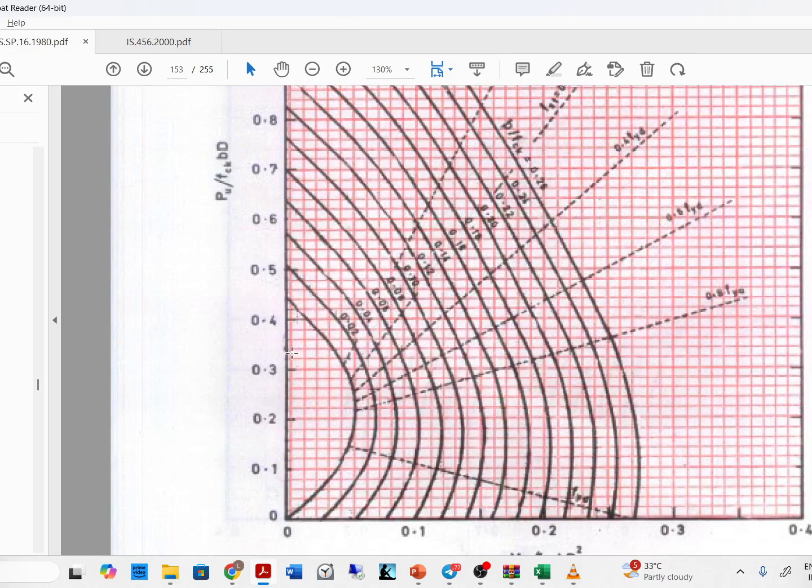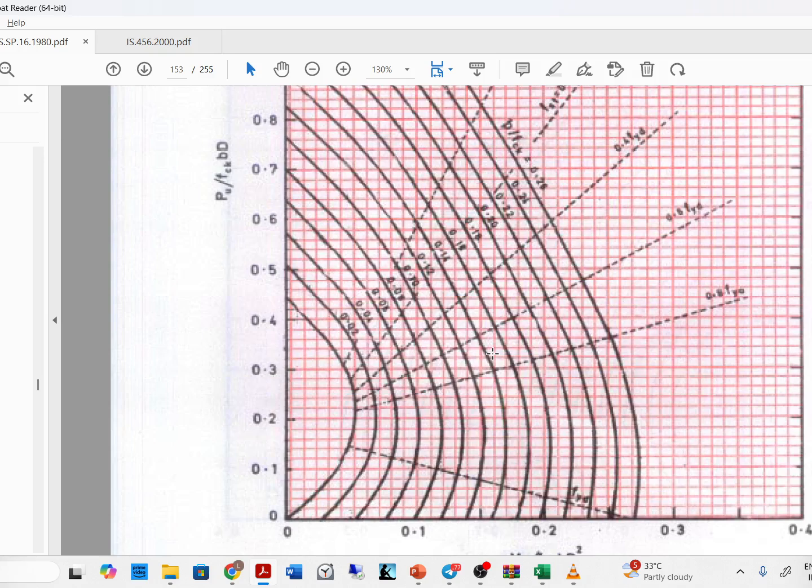So 0.325 lies somewhere here, and 0.16 is here.